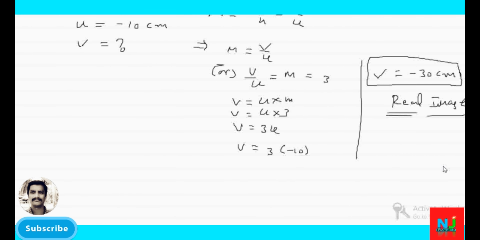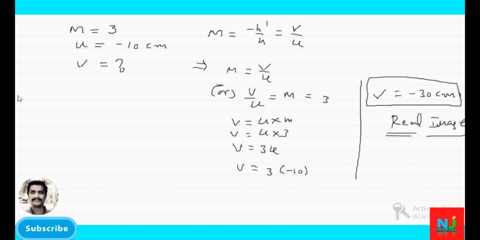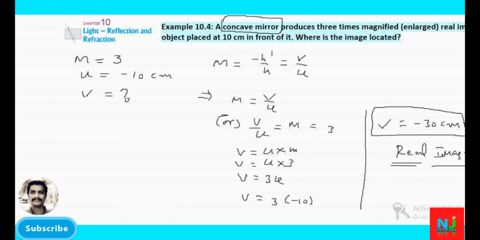In case of a convex mirror, m should be equal to h dash by h is equal to minus v by u.